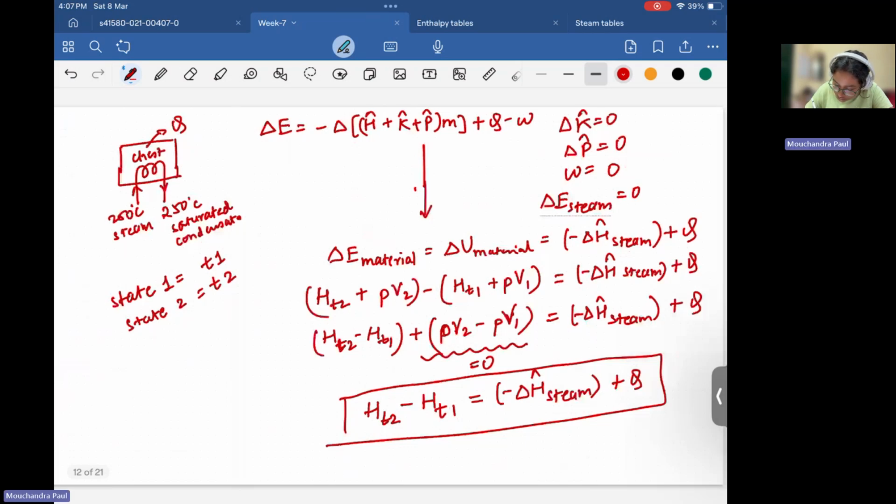Heat absorbed is 150 kg into 2300 kilojoule per kg. So it will be 3,45,000 kilojoule. Now we are adding a negative sign here because heat is lost from the system, right? Heat is lost from the steam, which is why we are adding a negative sign here.